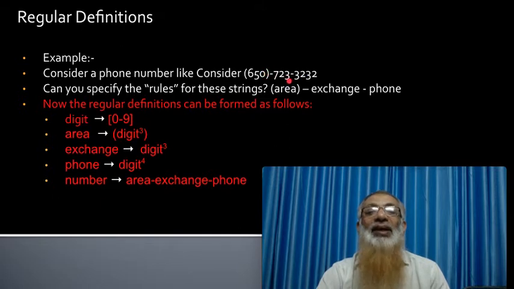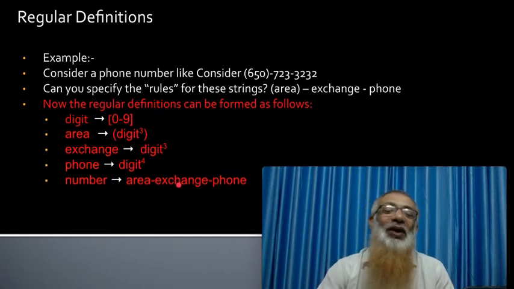Again, we have the exchange code. Exchange code is nothing but, again, a group of 3 digits. It is specified here. We have phone number. Phone number is a group of, again, say 4 digits. And all these 3 RDs are used here to form the actual phone number at the end.